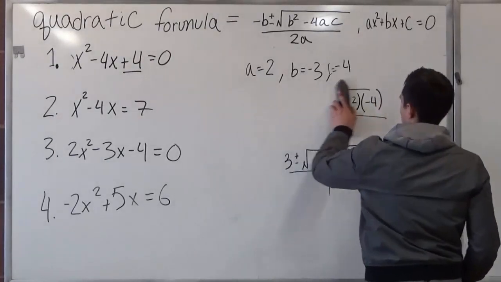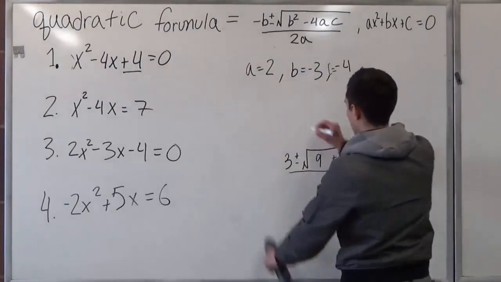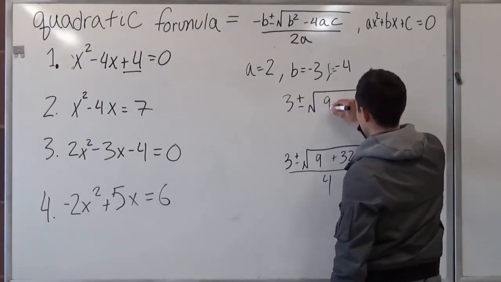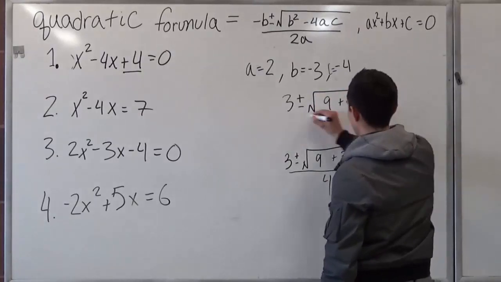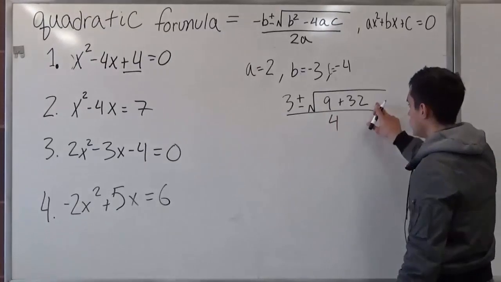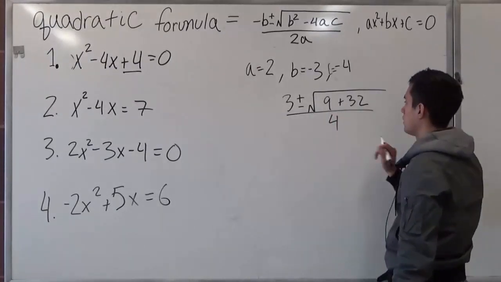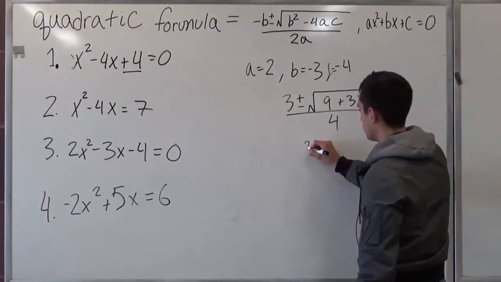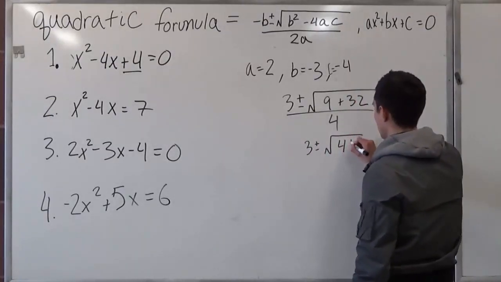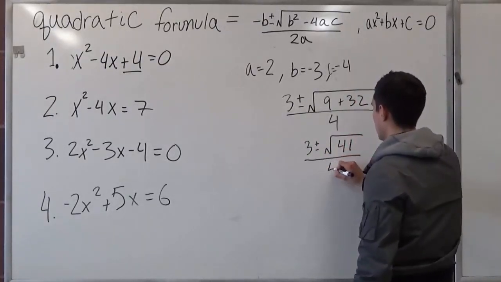Let me just erase this part. We have 3 plus or minus radical 9 plus 32 over 4. 32 plus 9 gives us 41. So 3 plus or minus radical 41 over 4.